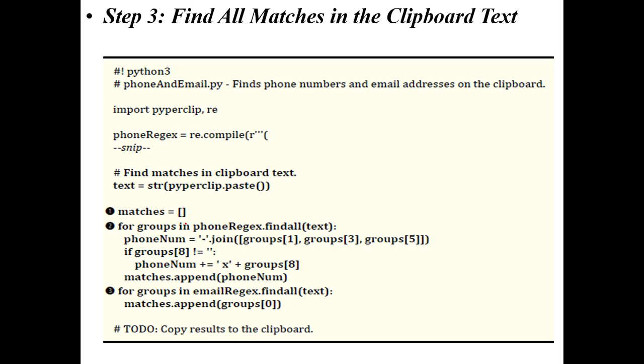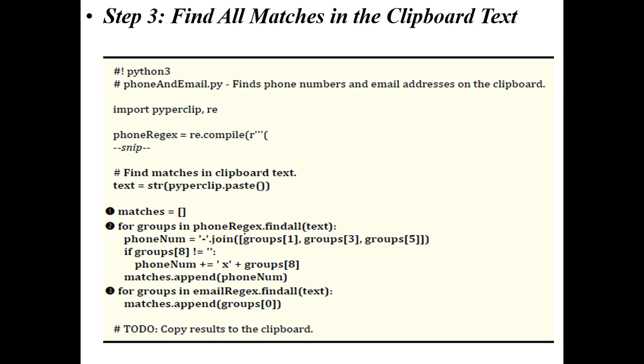After that, for the email addresses, we append group 0 of each match. For each match, we are going to append group 0. But for the matched phone numbers, we don't want to just append group 0, because the program detects phone numbers in several formats.